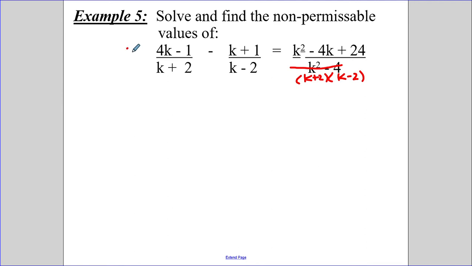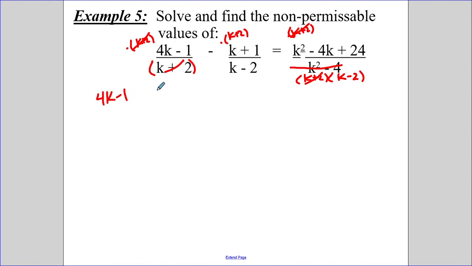I'm going to multiply by a k plus 2, multiply by a k plus 2, and then multiply this whole thing here by k plus 2. That's going to help me cancel out the k plus 2's. And over here, k plus 2 is also going to cancel itself out as a whole term. So what do I have left? I have 4k minus 1.